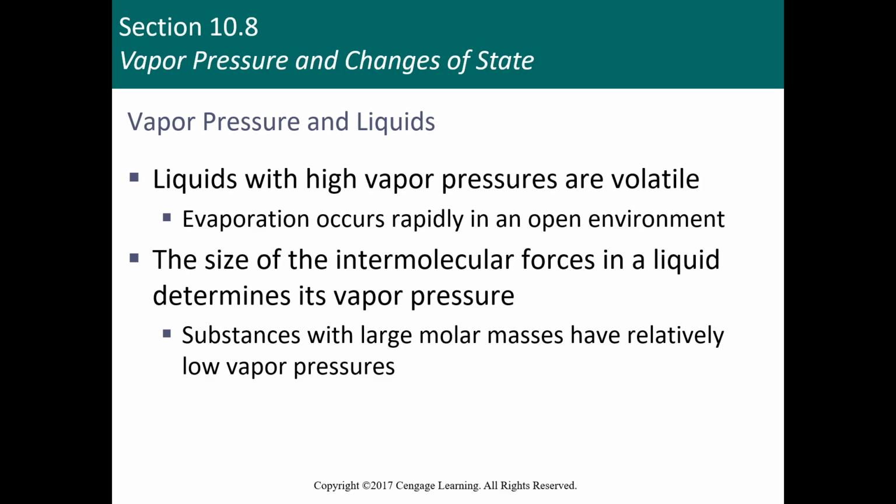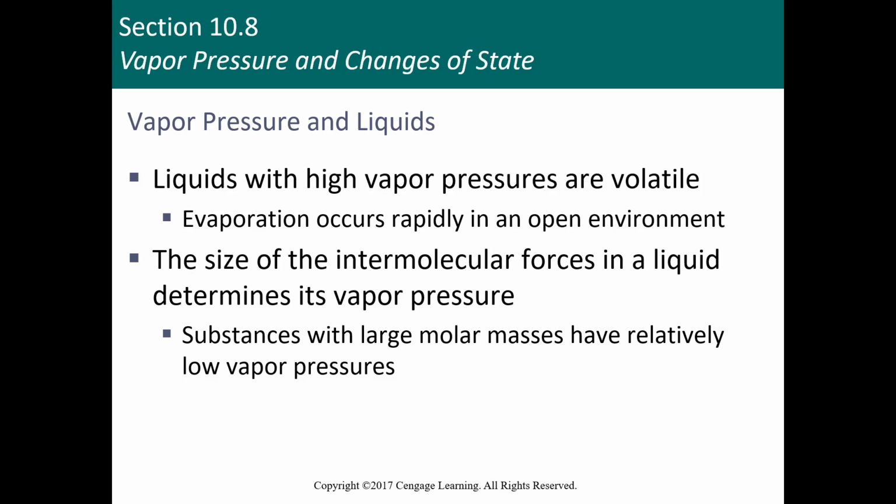The size of the intermolecular forces in a liquid determines its vapor pressure. So the stronger the intermolecular forces in the liquid, the lower the vapor pressure, because it has a harder time escaping the liquid because it has higher forces keeping it there. Substances with large molar masses have relatively low vapor pressures.